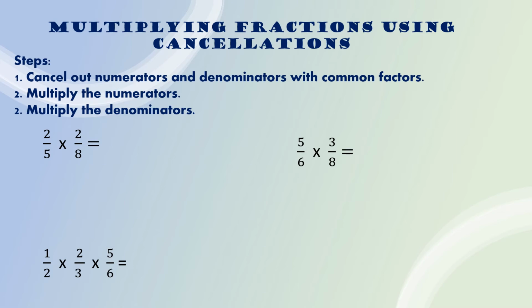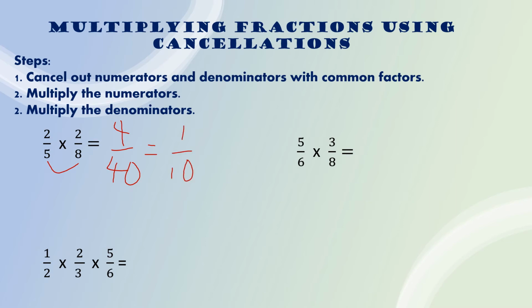We can also use cancellation when we multiply fractions. What do we mean by cancellation, or how do we do that? For example, in number 1, we have 2/5 times 2/8. Normally, we will just multiply 2 times 2 equals 4, and 5 times 8 is 40, and then express in lowest term, so this is 1/10.